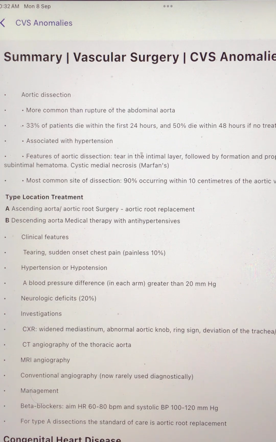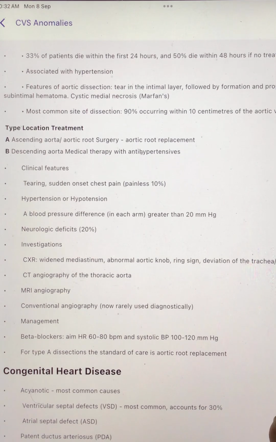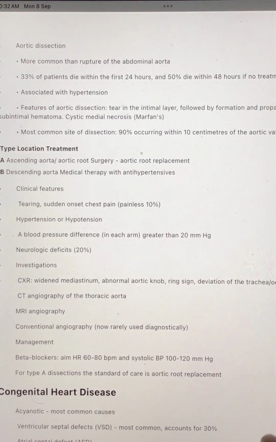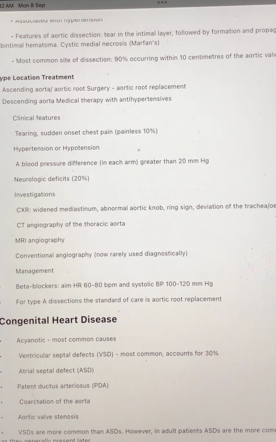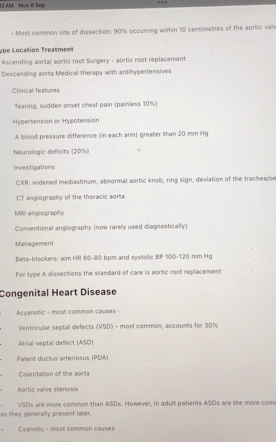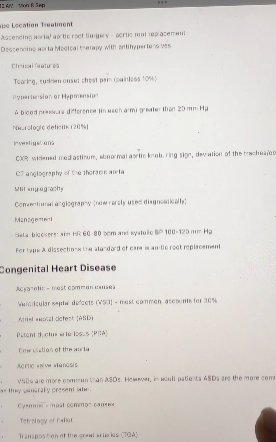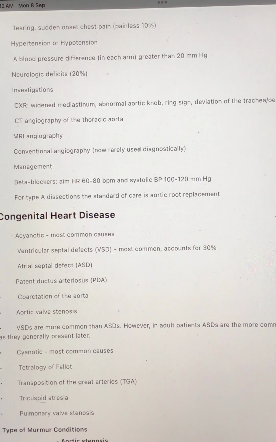Marfan syndrome, most common site of dissection, 90% occurring within 10 cm. Typical location and treatment: ascending aorta, aortic root replacement; descending aorta, medical therapy and antihypertensives. There is hypertension, and a blood pressure difference greater than 20 mmHg between right and left. Neurological deficit. Investigation: chest X-ray shows a wide mediastinum, and CT angiography of the thoracic aorta, MRI angiography, conventional angiography.